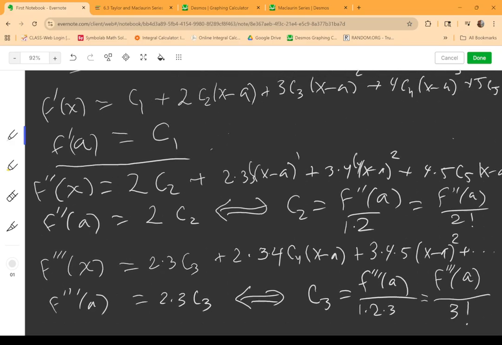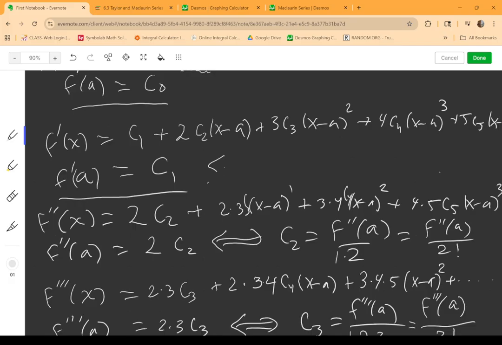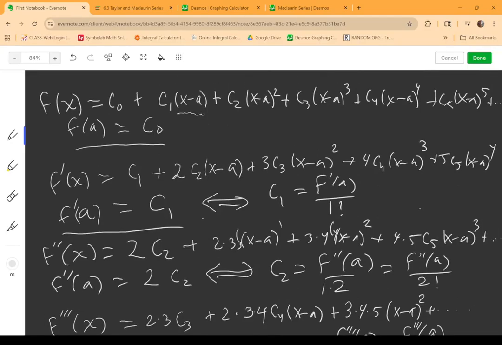And moving up, you can think of c1 to be f prime of a over 1 factorial, since division by 1 doesn't change the value. And just to keep with the pattern, c0 is f of a over 0 factorial, which we define as 1.